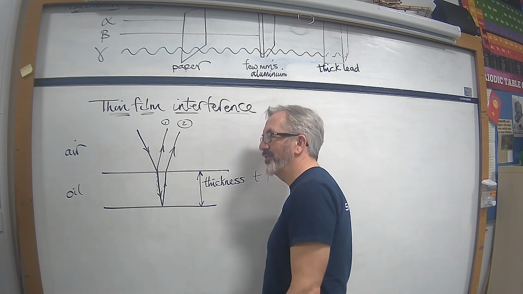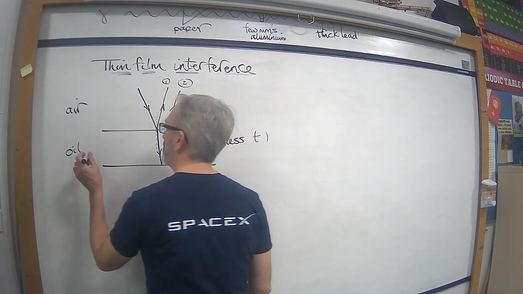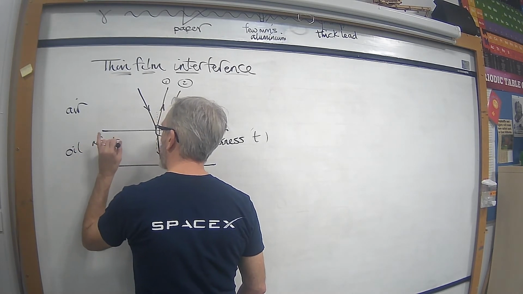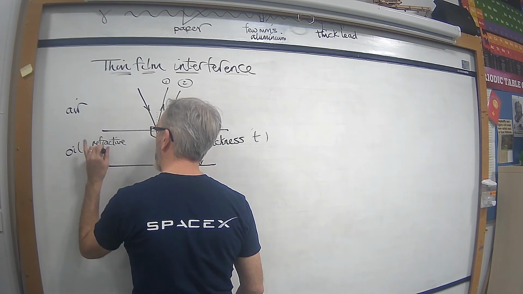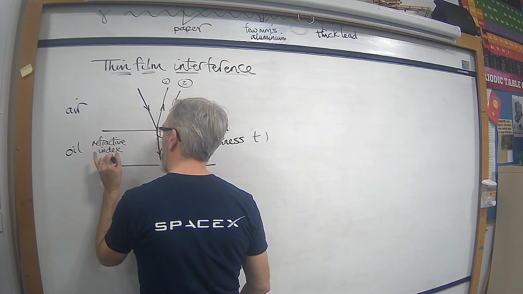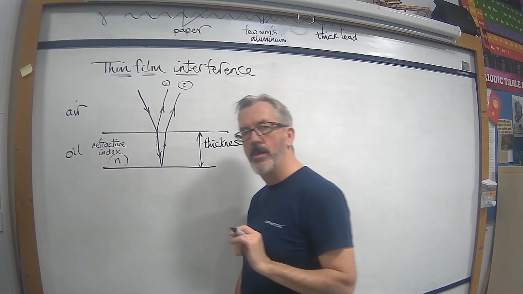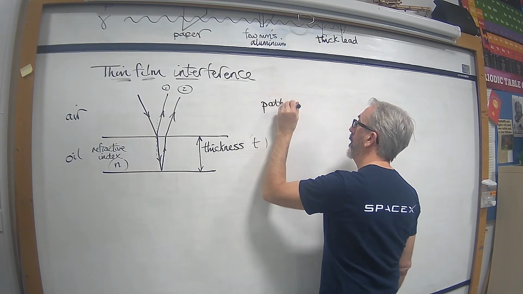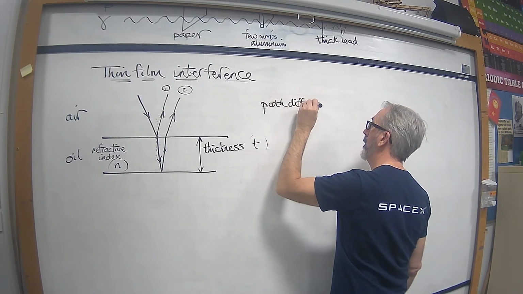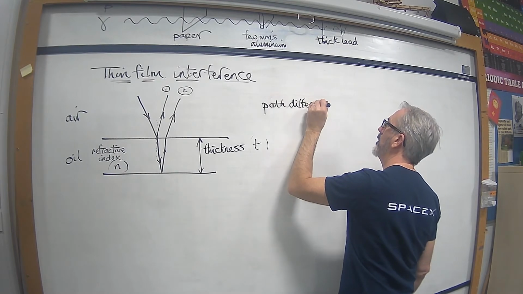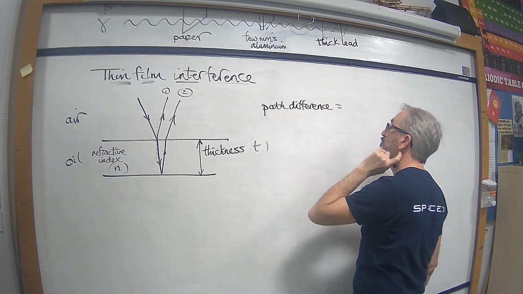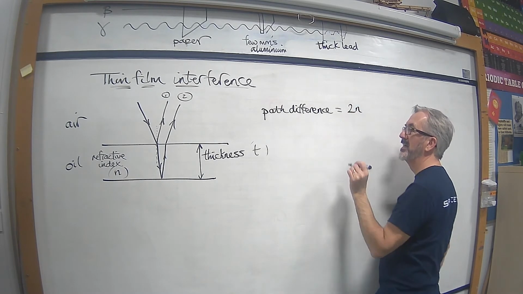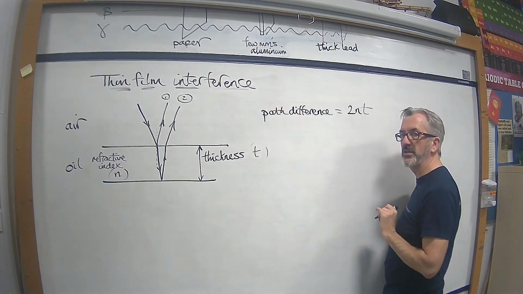Plus, don't forget, that transparent medium will have a refractive index, N. So the path difference is going to be 2 times the refractive index times the thickness of the material.